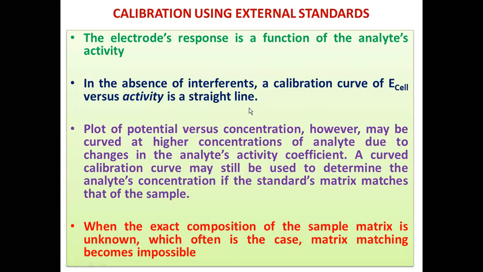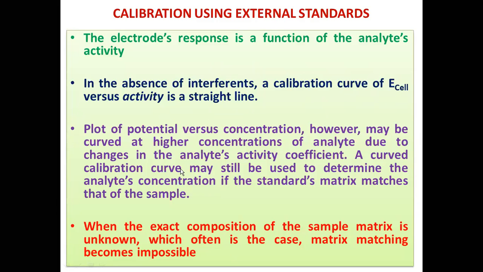Therefore, if you take a series of solutions of increasing concentration of the analyte, of course in the absence of interference, the calibration curve between E cell and the activity will be a straight line. However, if interferences are there, then the calibration curve of E cell versus activity will be curved.